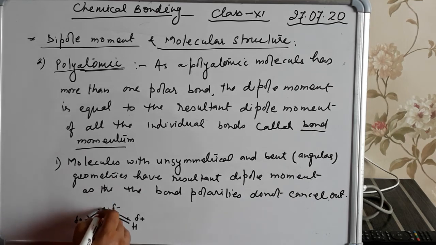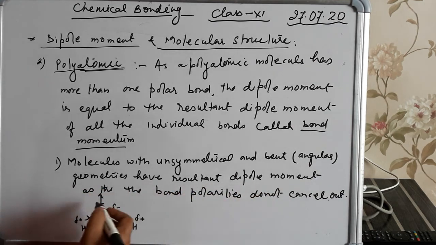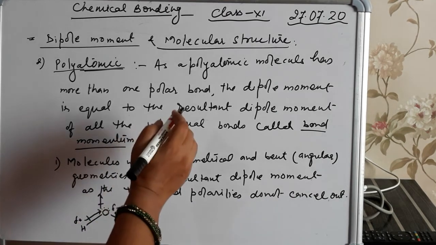The lone pair present on the oxygen points like this. So the resultant dipole moment exists as the bond polarities do not cancel out, because dipole moment is a vector quantity, so all the bond dipoles add on.